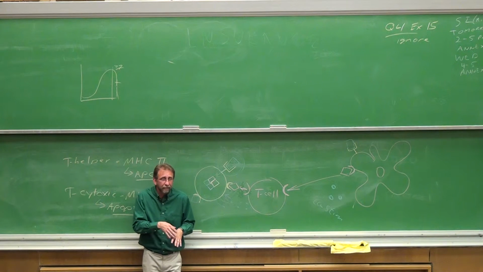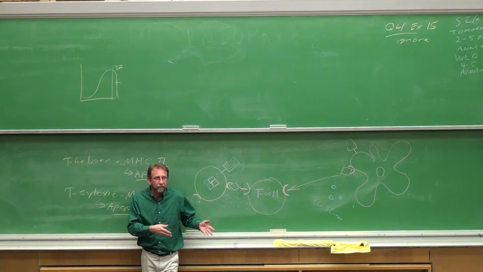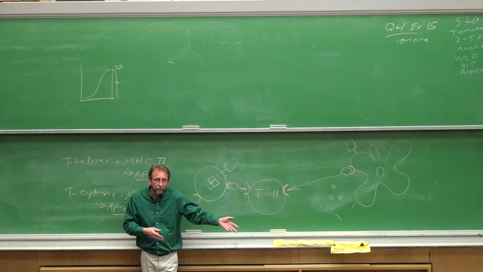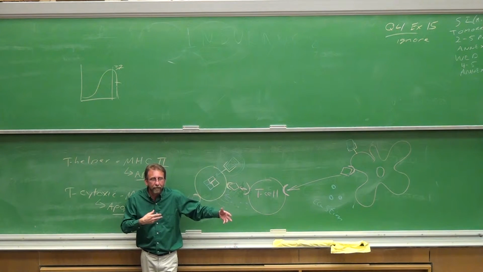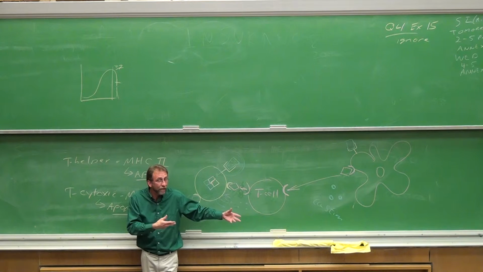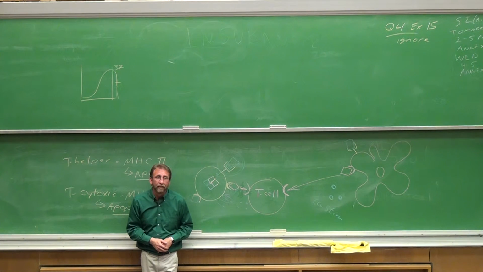Okay, so maybe that takes a day or two for that to happen. And then the dendritic cell does come in contact with the T cell and presents it. Okay, now the T cell is activated and it's moving around. Okay, eventually comes in contact with the right B cell that's now also presenting the same antigen.